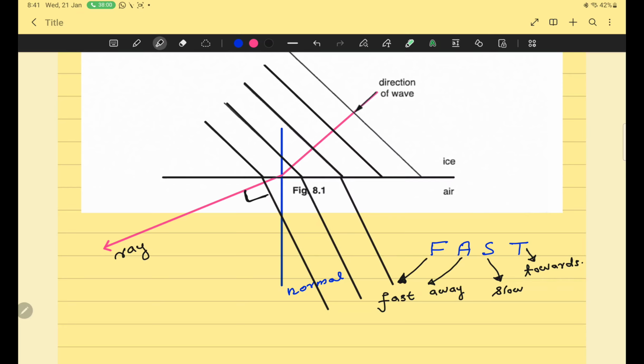Arisha, can you tell me, if the speed is faster, then will the wavelength in air be longer or shorter?